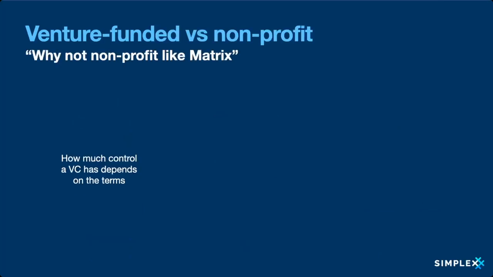So, people obviously ask why we can't do non-profit like Matrix, obviously forgetting that Matrix is not purely non-profit. Three things to remember about that. How much control a VC has depends on its terms. In our case, Village Global gave us some money last year. It's all in a blog post.